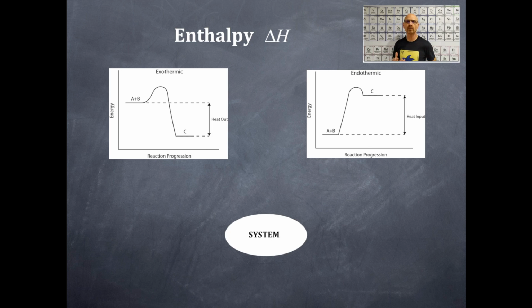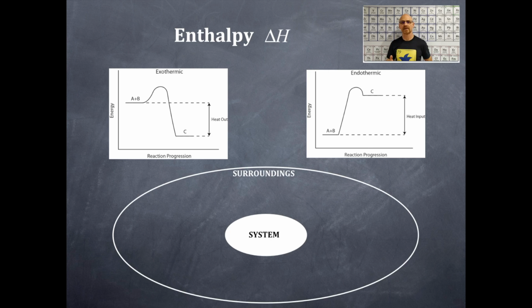Now, this is all really coming from a physics standpoint, and that is the system and the surroundings. So let me relate the enthalpy change from the system to the surroundings and vice versa. From the system to the surroundings, heat is released by the system, and this is when the Q, that is the change in enthalpy, is less than 0.